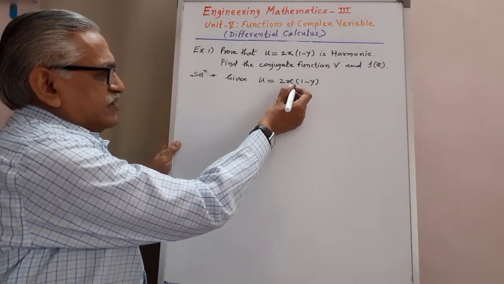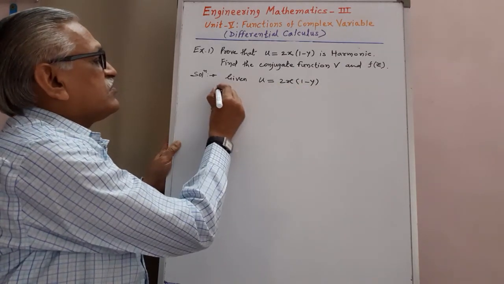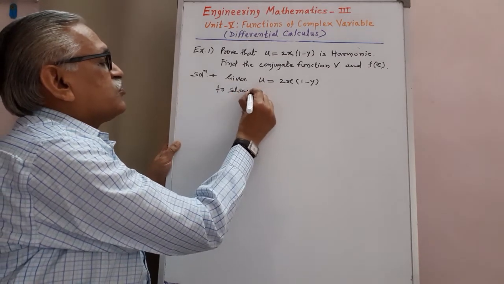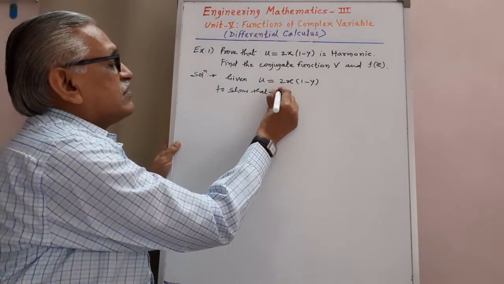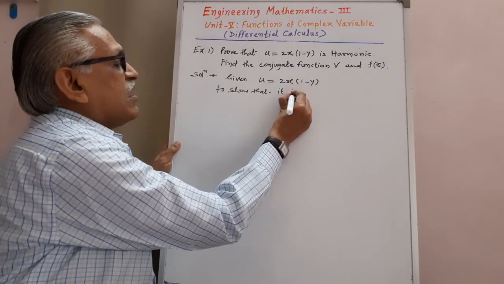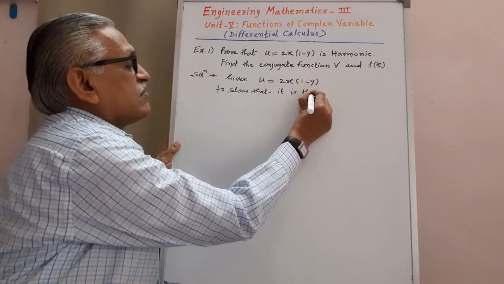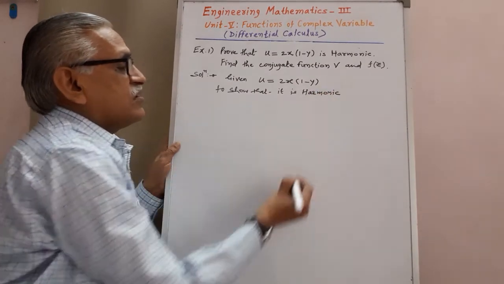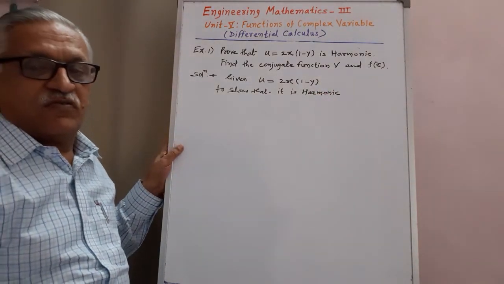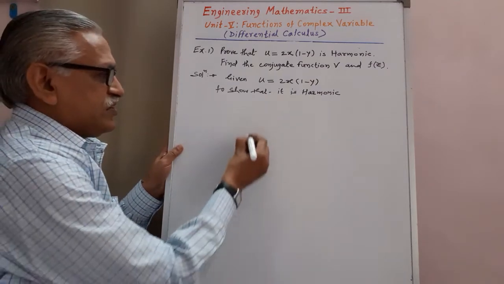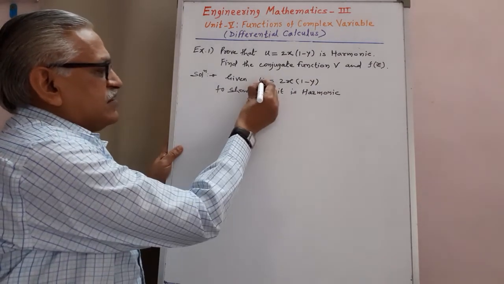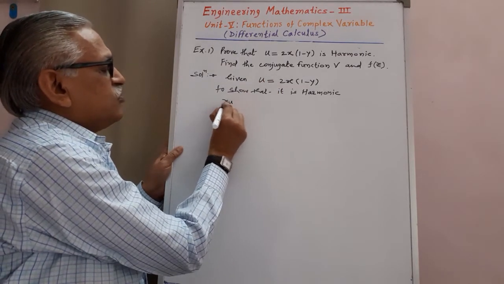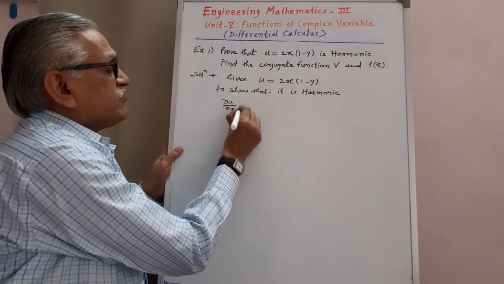To show that it is harmonic, we have to take the help of the Laplace equation, and for that we have to find partial derivatives of u with respect to x, ∂u/∂x, keeping y constant.